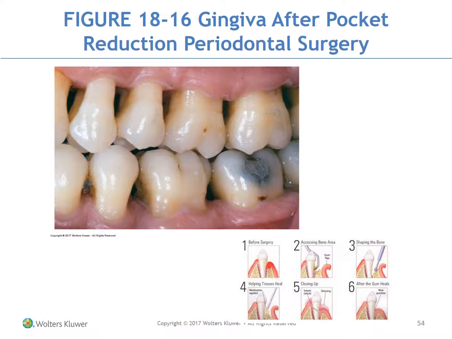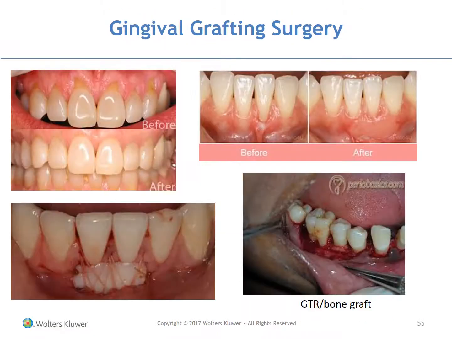And you can see the process of the surgery down below, where before surgery, the bone is kind of rough. They retract it, they clean off the tooth, they smooth the bone down. They may apply a medication, and then they close it up, and then the tissue is going to heal, but you're going to have that recession there, okay? So these are blunted papilla due to surgical means.